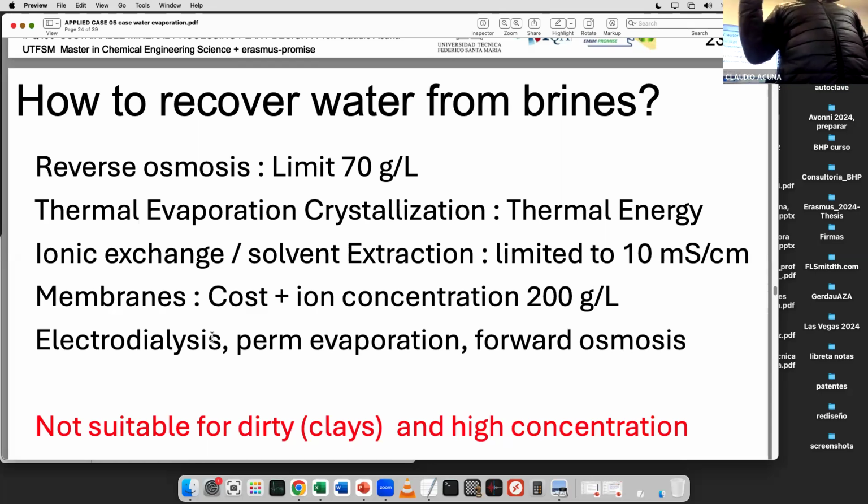Remember that to evaporate water, the heat of evaporation, I mean, just to have a number in your head, I know it depends on the pressure, but to evaporate water you need, correct me if I'm wrong, Eduarda, a kilojoule of energy per kilogram of water. Can you check? I'm talking about lambda of water.